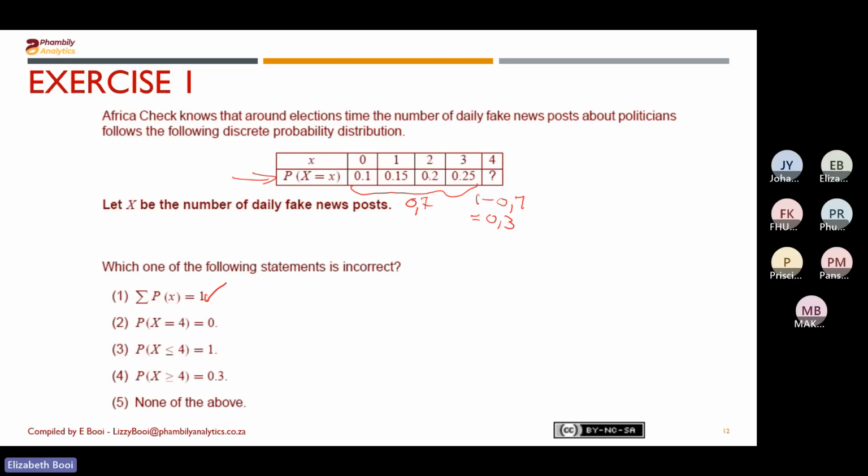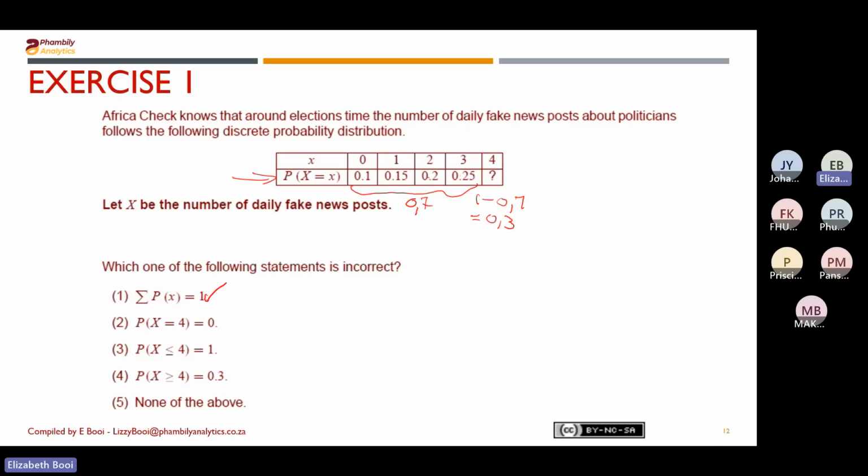Number 2, what is the probability that X is equal to 4? What is the probability at the question mark? We're working it. What is the probability that X is equal to 4?